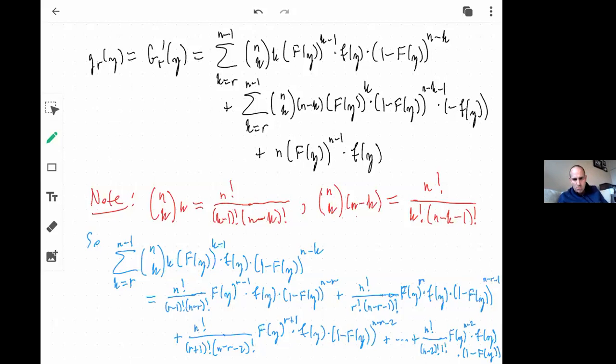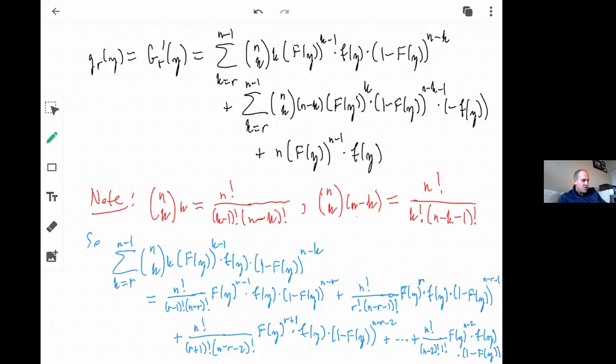We ended up with this horrible looking formula because we had to use the product rule, okay, and we peeled off the last term from the CDF because that was the only one that wasn't a true product. All the other ones have at least one F of y and at least one 1 minus F of y multiplied together, so that we truly had to use the product rule.